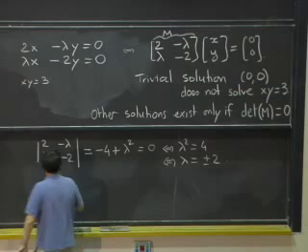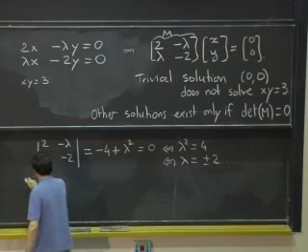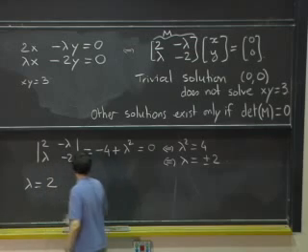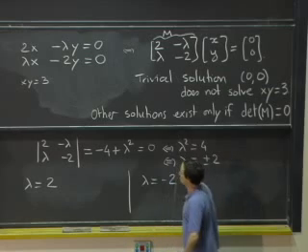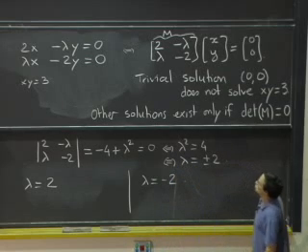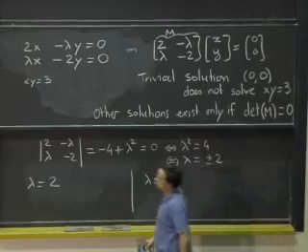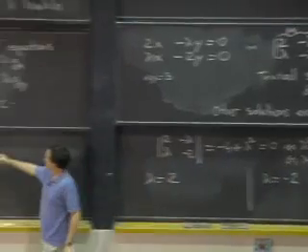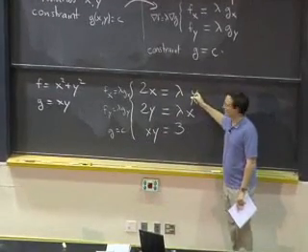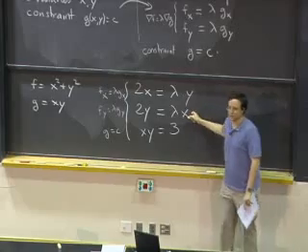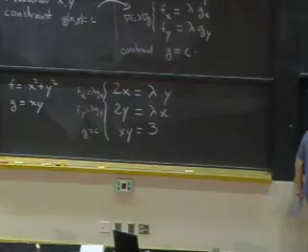So we have two cases to look at, lambda equals 2 or lambda equals minus 2. Let's start with lambda equals 2. If I set lambda equals 2, what does this equation become? Well, it becomes x equals y. This one becomes y equals x. They seem to be the same.